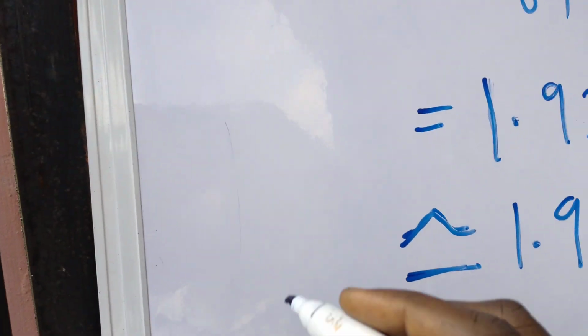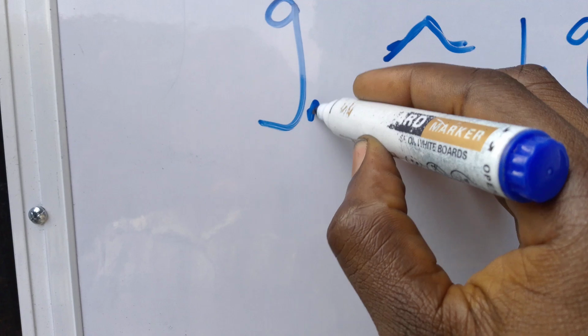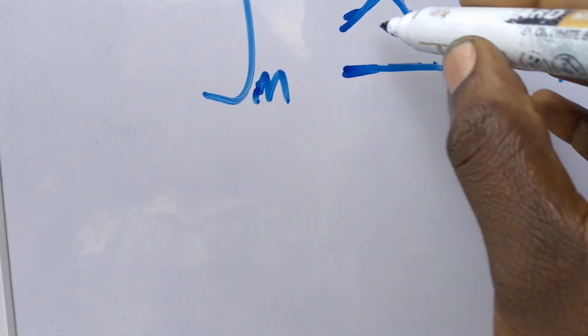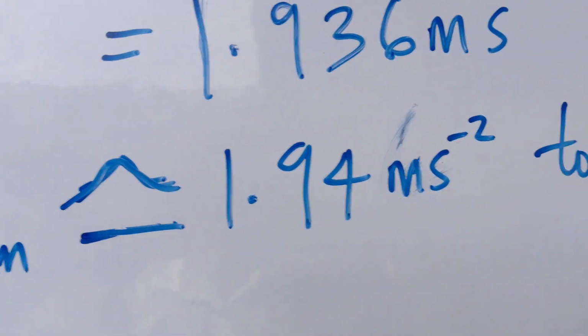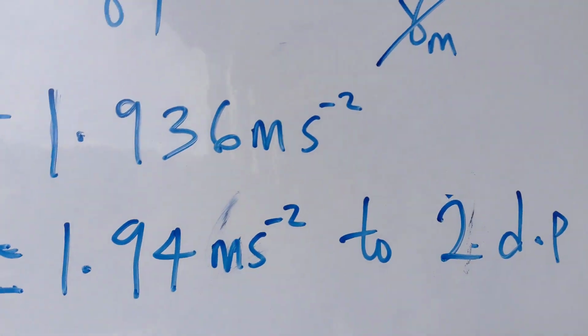So I have my acceleration due to gravity on the moon surface: 1.94 meters per second square to 2 decimal places.